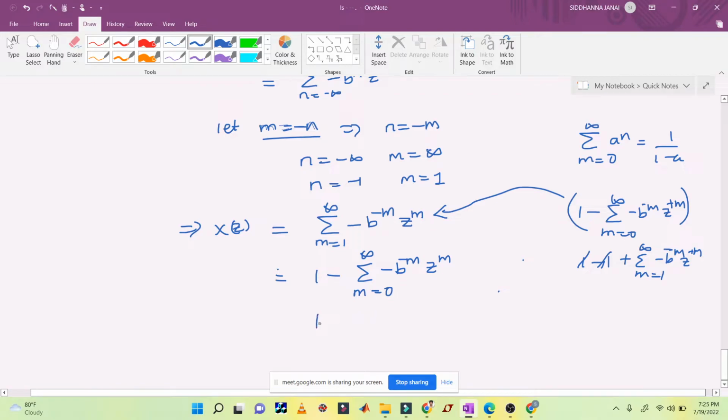Now this 1 will remain the same. This I will rewrite as summation m is equal to 0 to infinity of b to the power minus 1 z to the power m. I hope you understood this step.